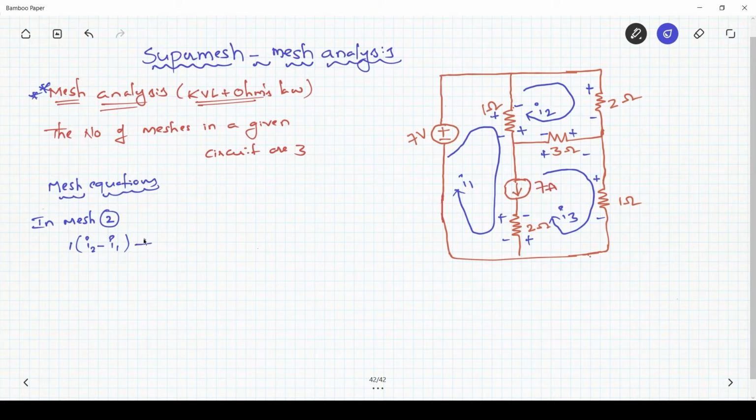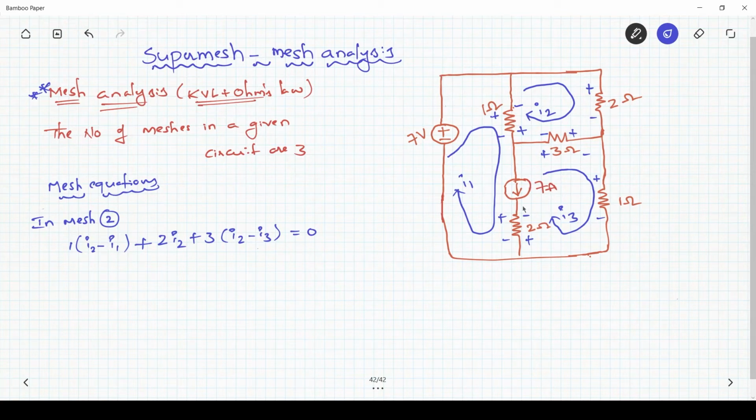Next, plus 2 into I2. Next, plus 3 into (I2 minus I3), equal to 0. This is the mesh equation in mesh 2.